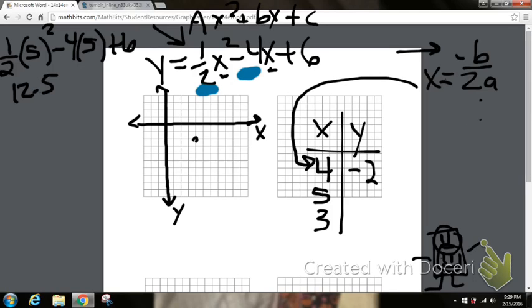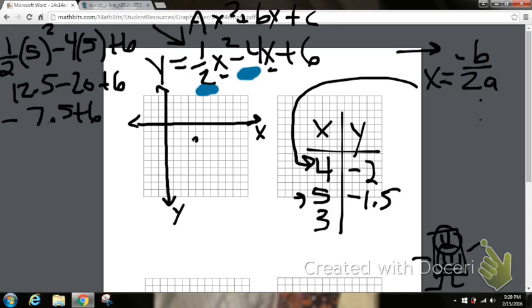And then 4 times 5 is 20, so we're going to subtract 20, and then add 6. Just substituting this 5 right here. 12.5 minus 20 would give me negative 7.5. Then if I add 6, that's going to give me negative 1.5.